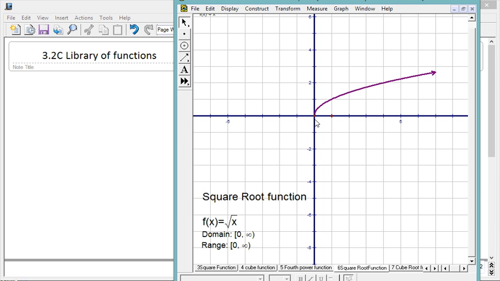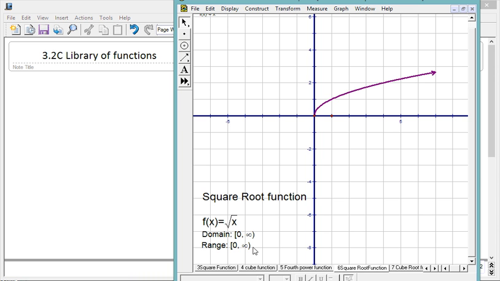You notice that the domain, we talked about this in the domain video, is 0 to infinity. It can equal 0, right? You can take the square root of 0. But you can't take the square root of anything less, at least not and get a real number that we could graph, right? So we're dealing in the real numbers, so if it turns out to be imaginary, it really means it doesn't exist.